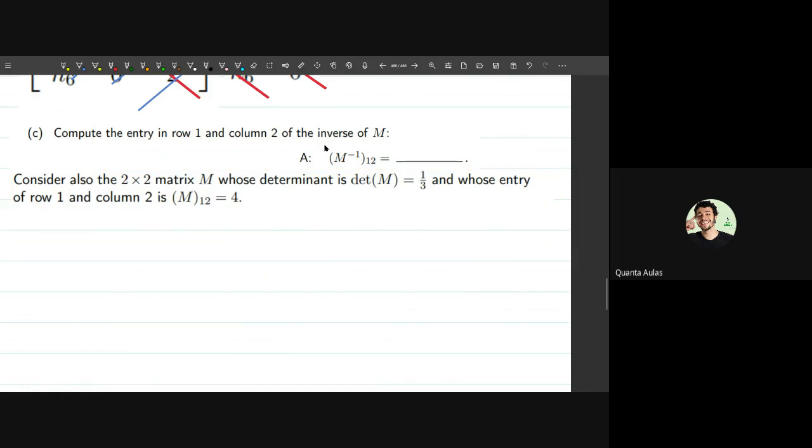This is very strange because our matrix has things I don't know, like the first term. Row, column. Row is line, column is column. Okay. Row 1, column 2 is 4.